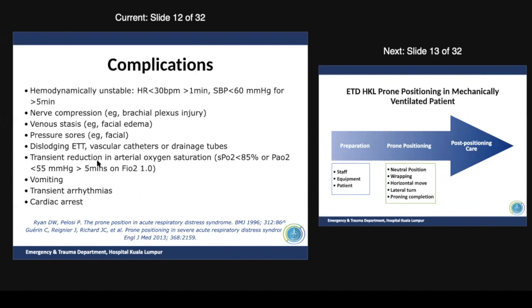In the first few minutes after you prone, the first 5 minutes, most commonly the patient will have a reduction in SpO2. After that it will improve. So if the patient suddenly desaturates persistently for more than 5 minutes, on FiO2, then you have to consider to avoid the prone position. Okay.